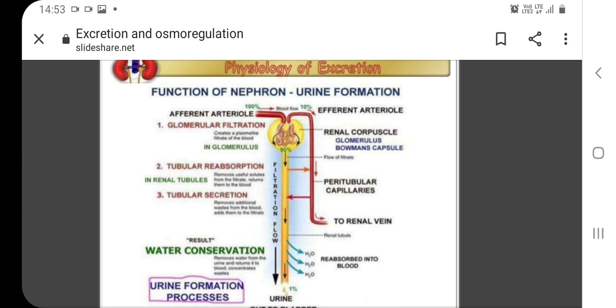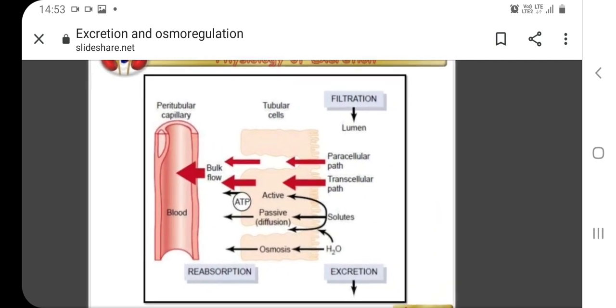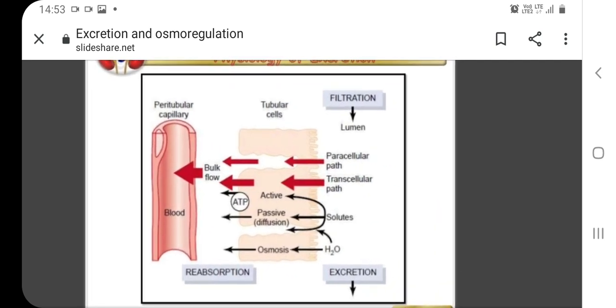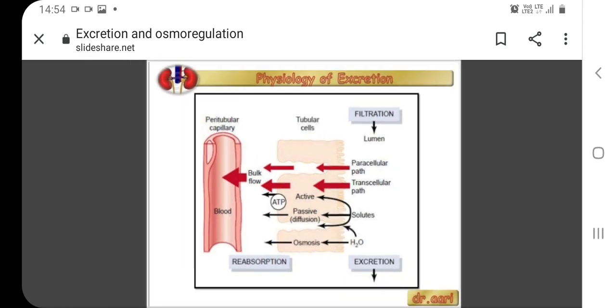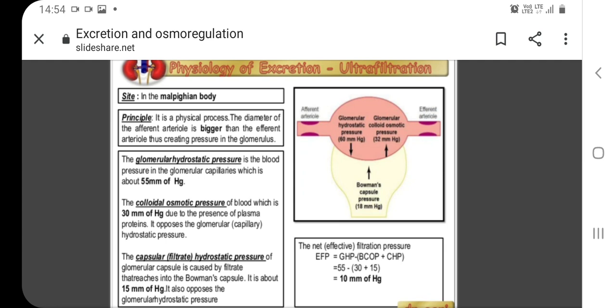In glomerular filtration, it filters out most of the solute due to high blood pressure and specialized membranes in the afferent arteriole.